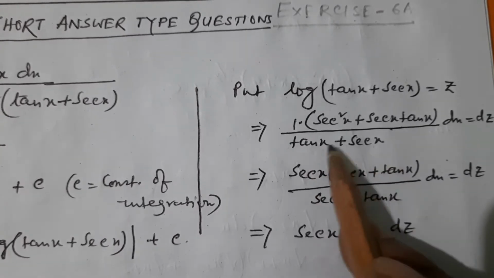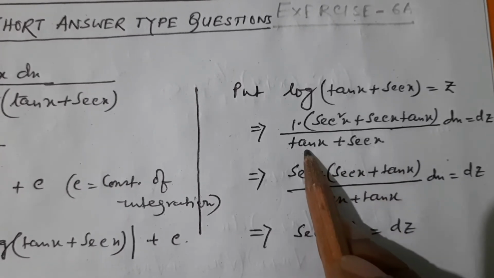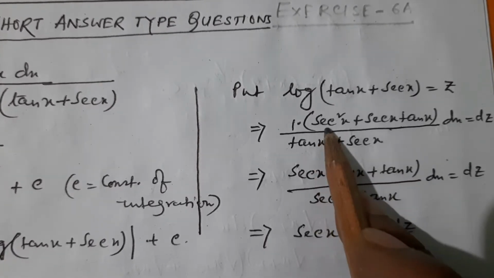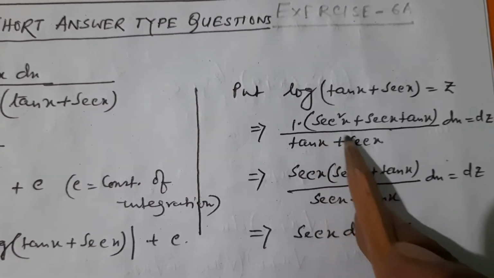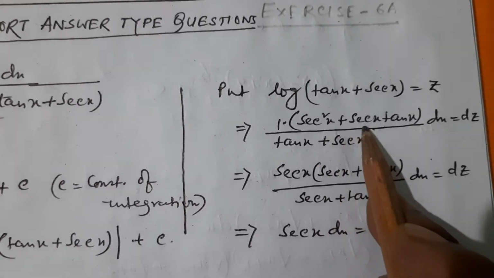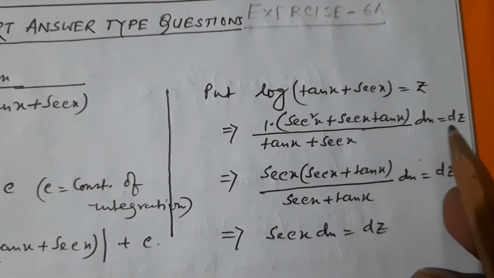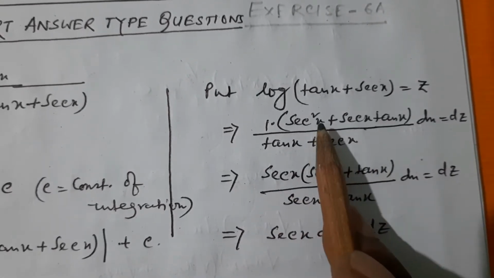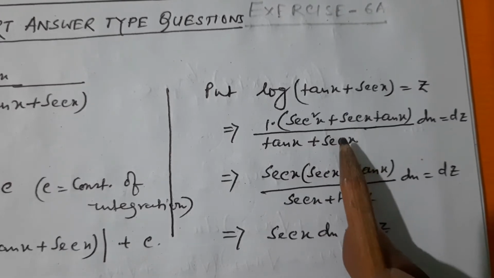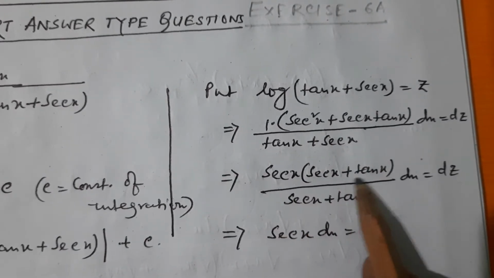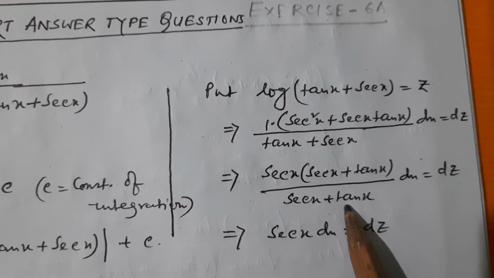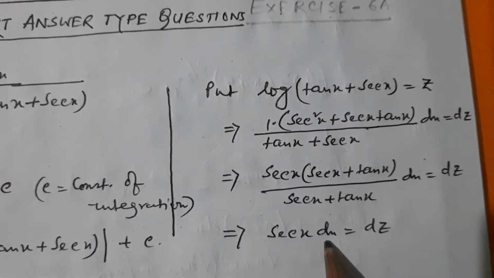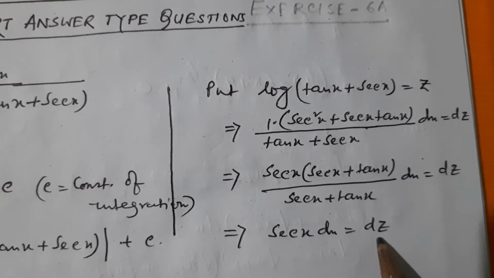This is not x, so we differentiate separately: differentiation of tan x is sec square x, differentiation of sec x is sec x tan x, dx equals dz. Taking common sec x from the numerator, we get sec x into sec x plus tan x divided by sec x plus tan x into dx equals dz. This implies that sec x dx equals dz.